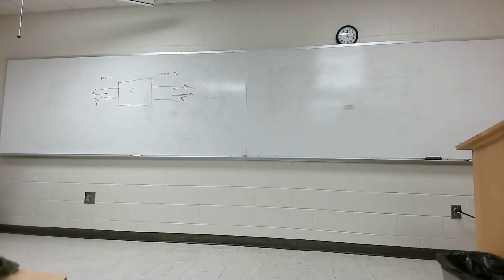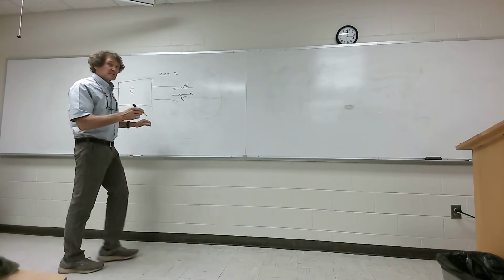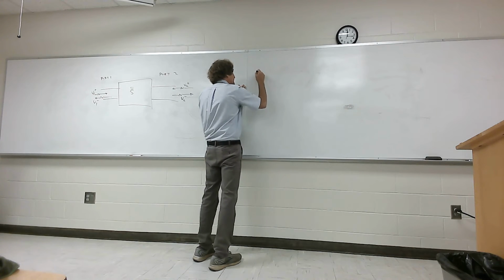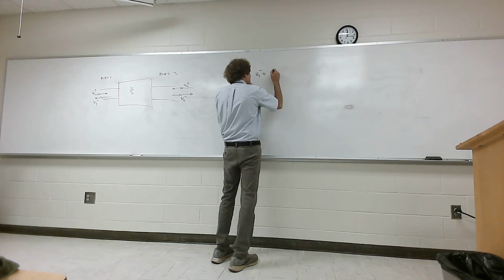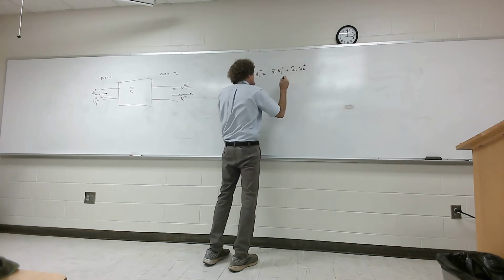Now, the way that these things are defined in terms of S parameters, these S parameters are going to be a 2x2 matrix. And the way it works is this. V1 minus is equal to S11 times V1 plus S12 times V2 plus.